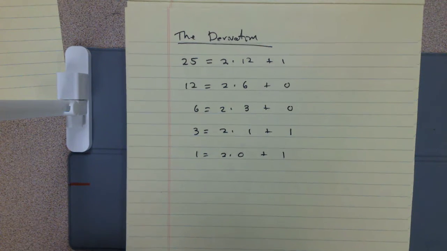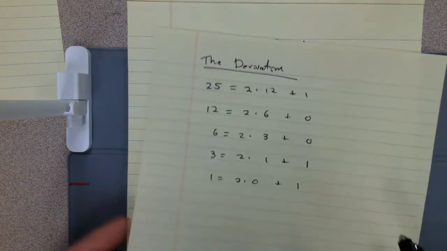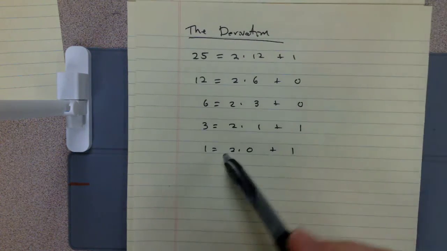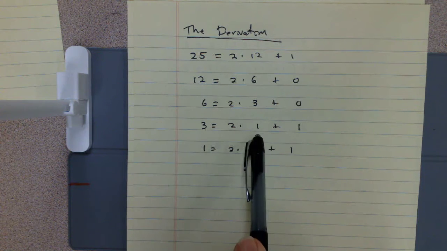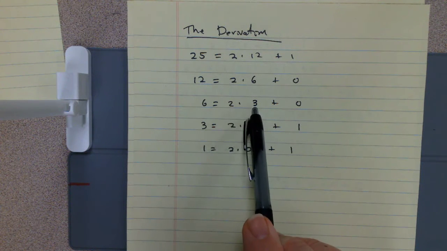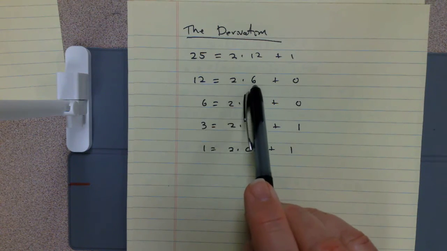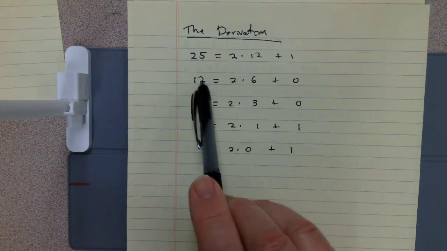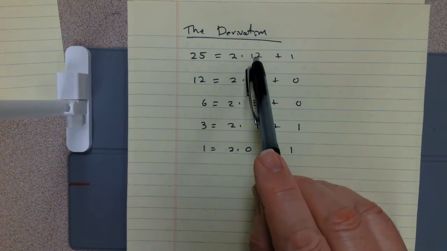Okay, now I want to take that away, and what I'm going to do is take this expression for 1 and resubstitute it here, then take what I get here and resubstitute that for 3, and then take what I get for the 6 and resubstitute that for the 6 here, and then take what I get for the 12 and resubstitute it up here.